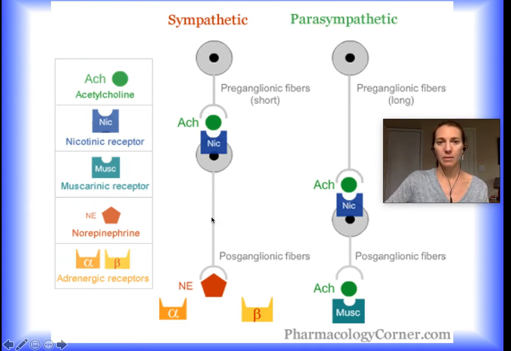And then with sympathetic, postganglionic fibers typically release norepinephrine. And then we see adrenergic receptors, right? This is an adrenergic fiber. Here are our alpha and beta receptors for norepinephrine. And then over here, this graphic is showing muscarinic receptors that would be able to receive that acetylcholine. So just a visual to go with what I was just describing.